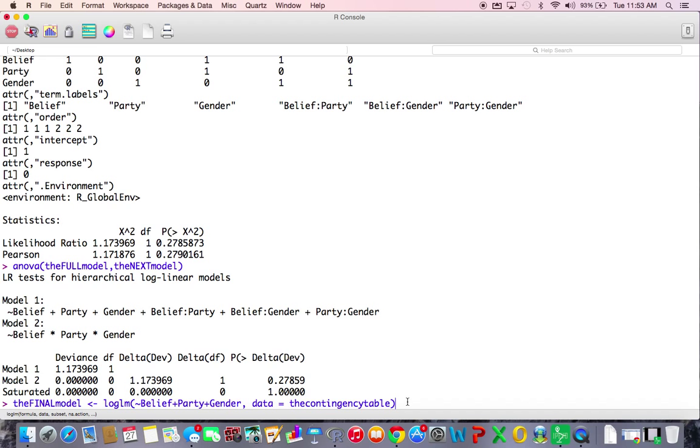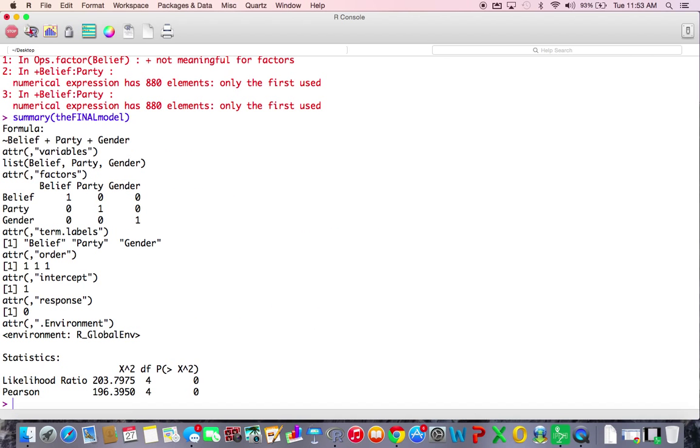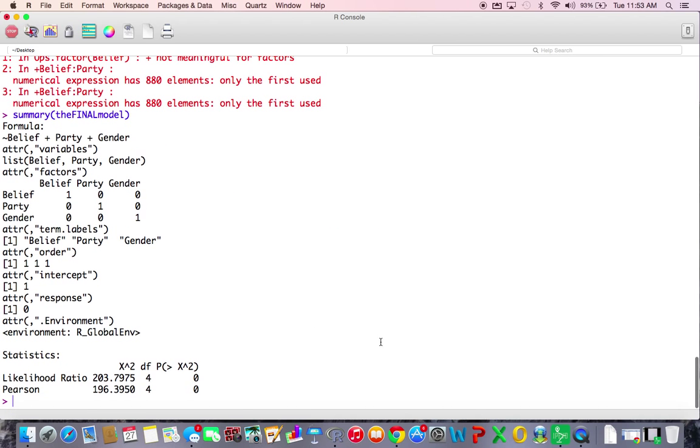Have I got that right? Tilde belief. Yeah, perfect. All right, so let's check out the final model.